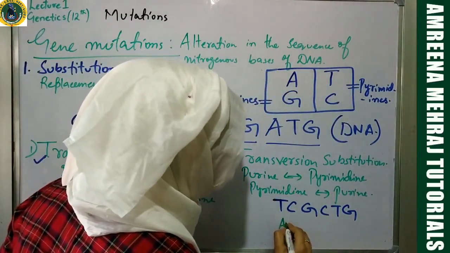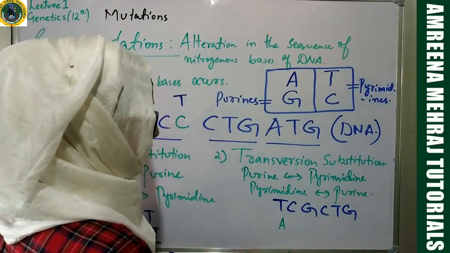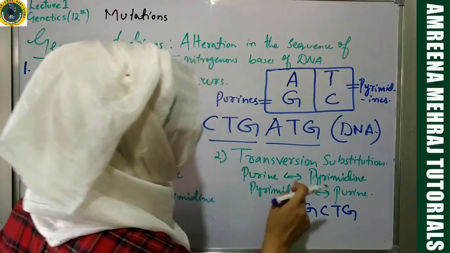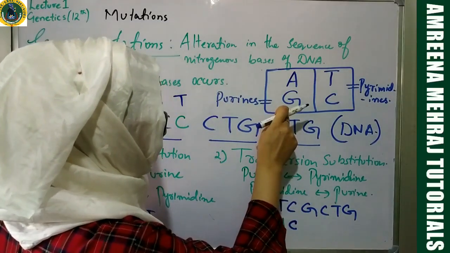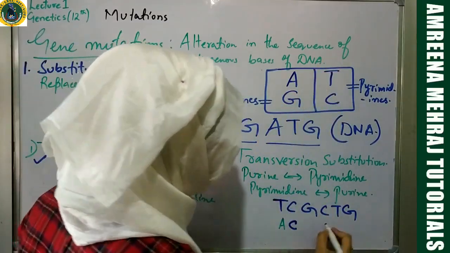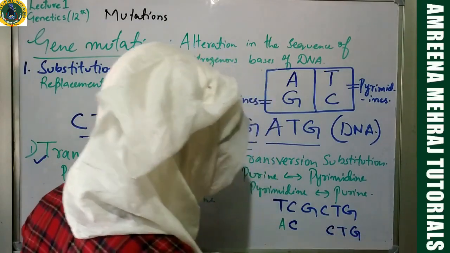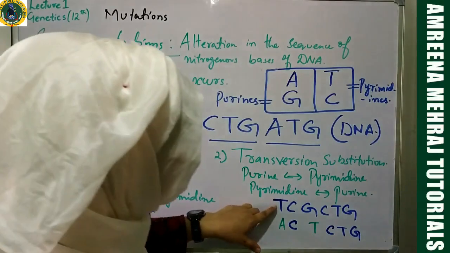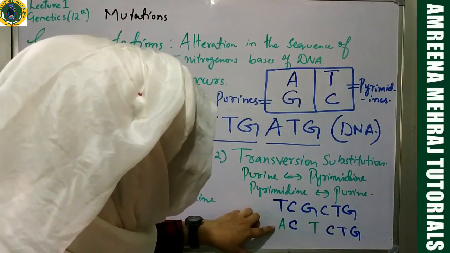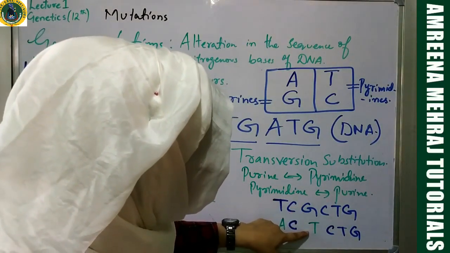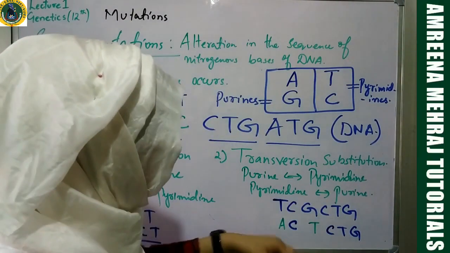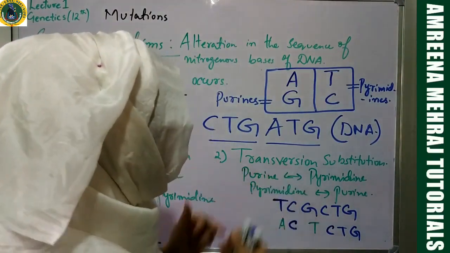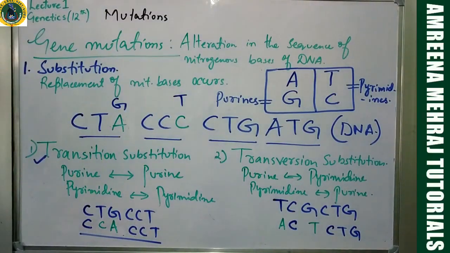Suppose in place of T you will have A now. We'll keep C as such. Now you take G. G will be replaced by T. Observe this. A pyrimidine replaced by a purine, a purine replaced by a pyrimidine. This is also substitution because one base is getting substituted by another. But this type of substitution is called transversion substitution.